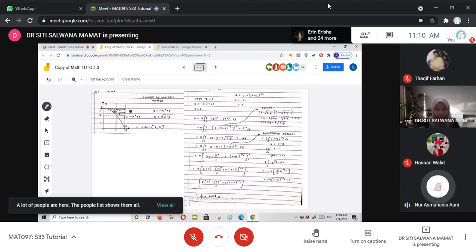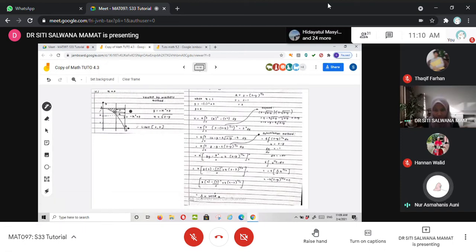So yang ni expand, and then dapat 12 minus y minus 6 square root 3 minus y minus 2 power 2, 4 dy, and then solvekan, dapat 8 minus y minus 6 in bracket 3 minus y power 1 over 2.